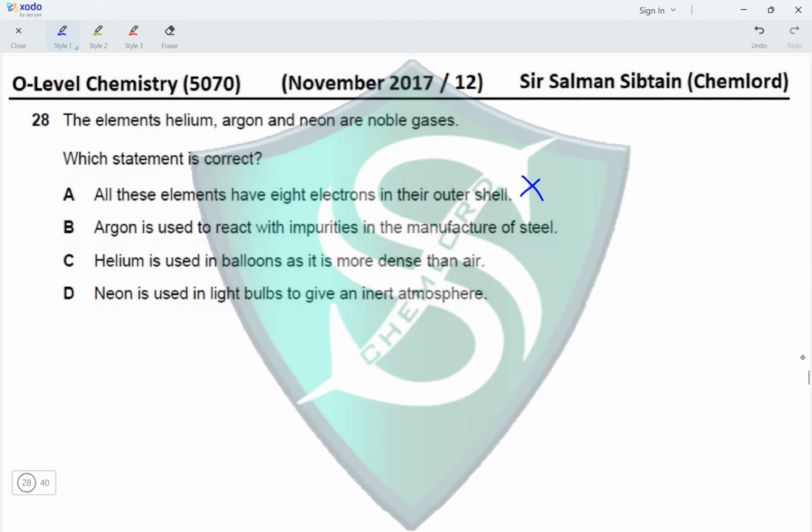Argon does not react, it is a noble gas. Helium is used in balloons as it is more dense than air. It is used in balloons, but because it is less dense than air, not more dense. Neon is used in light bulbs to give an inert atmosphere. Yes, light bulbs are filled with a noble gas, so neon is one of the gases used for such a purpose. So option D is the correct option for this question.